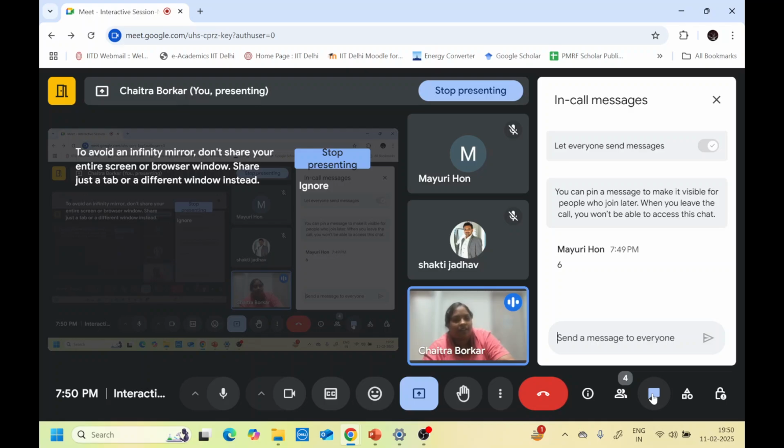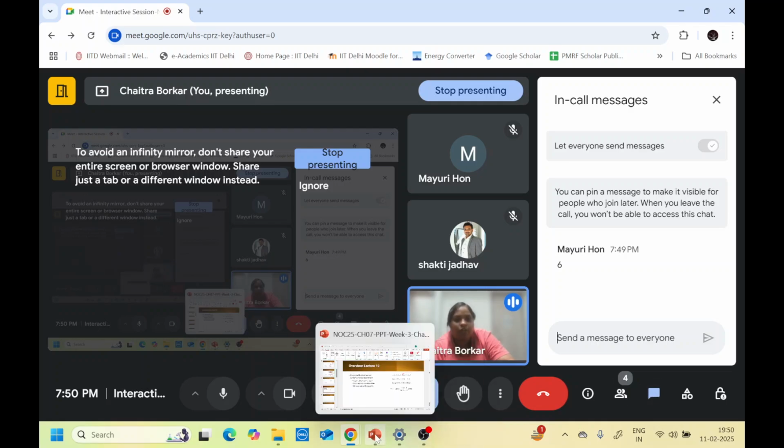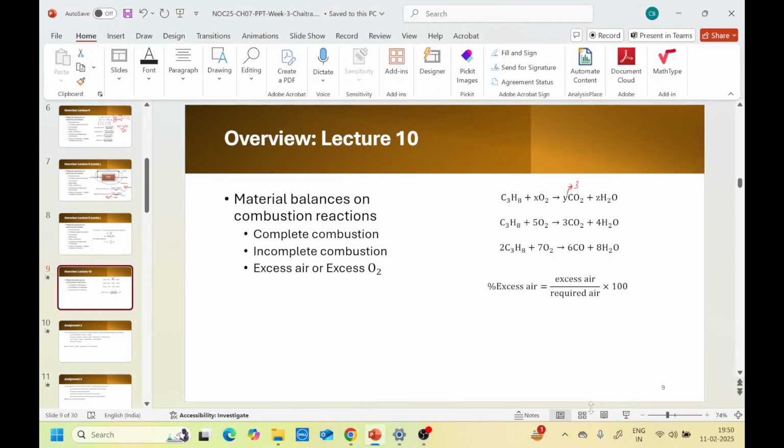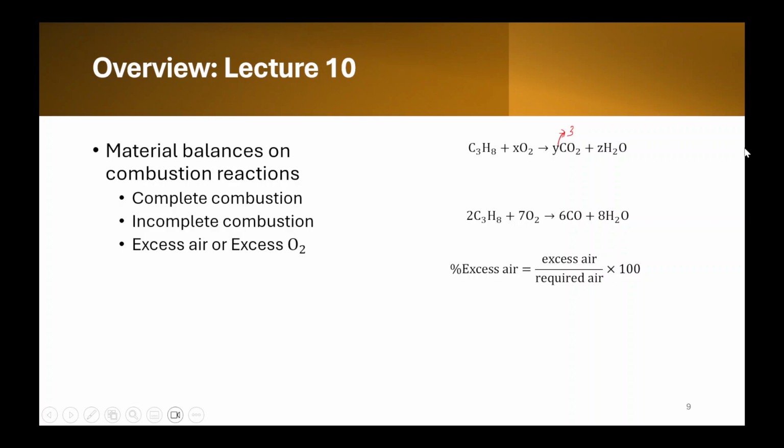No, it will not be 6. The value of Y will be 3, because we need to balance the carbon here.